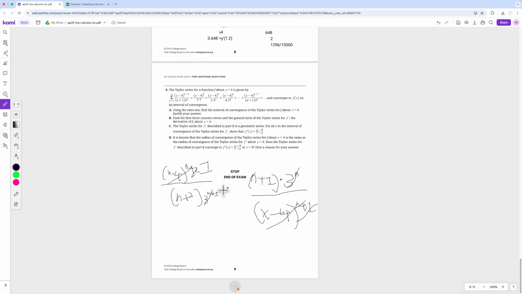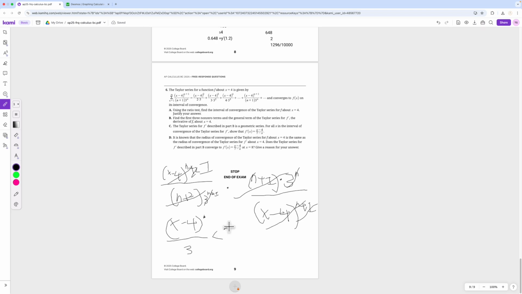They're going to be the same value, so you're just getting 1 when you do n plus 1 divided by n plus 2, taking the limit as n approaches infinity, because that's what we're going to be doing. So in the end, all we have is x minus 4 divided by 3.